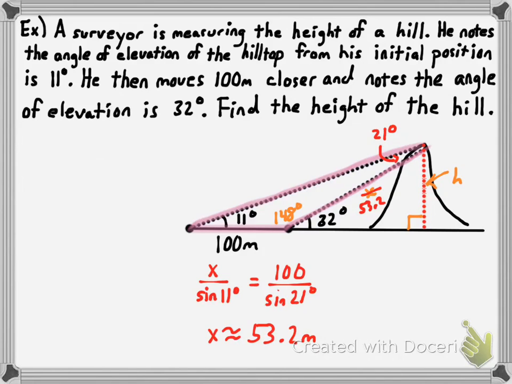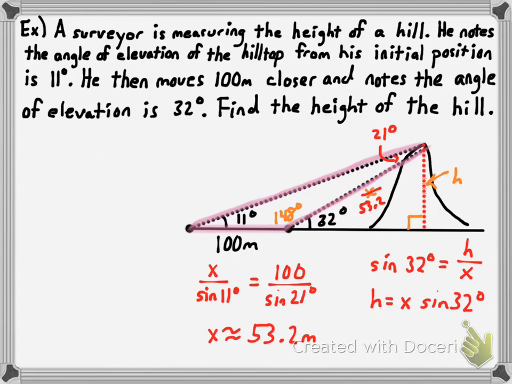We can do what I said earlier. We can find out what h is using the right triangle, and we can use a sine ratio. The sine of 32 degrees would equal h over 53.2. Well, I'm going to write h over x, and you can just use your exact value for x that was on your calculator. Then h would equal whatever x is times the sine of 32 degrees.